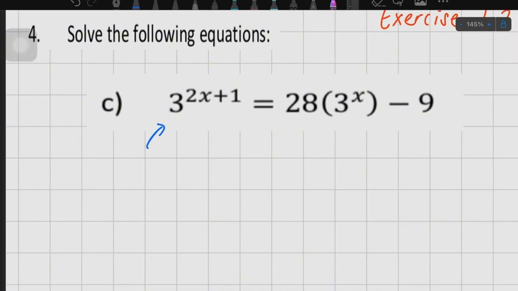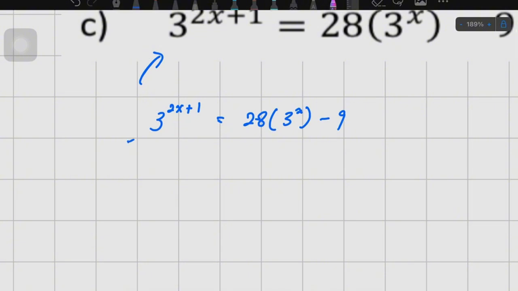So before that, we write the equation back before we solve it to make it easier for us to understand. So the exponent rule applied, it will become 3 to the power of 2x times 3 to the power of 1 equals to 28 times 3 to the power of x minus 9.